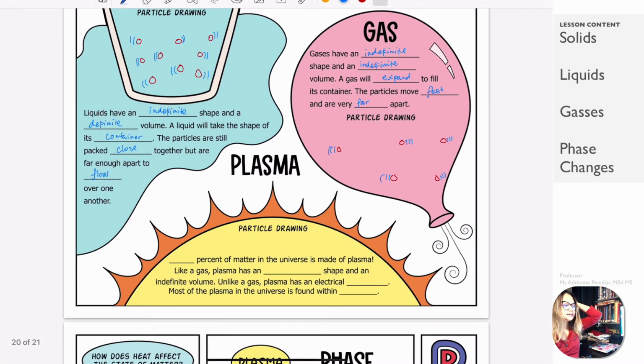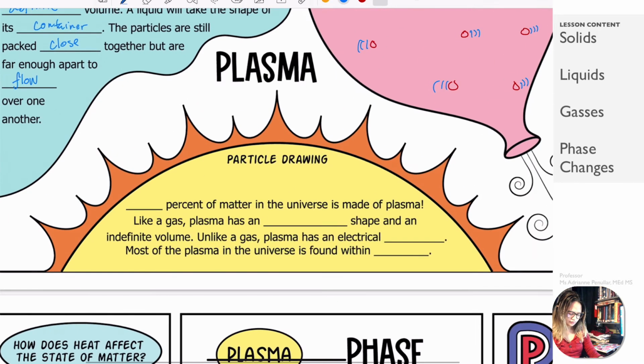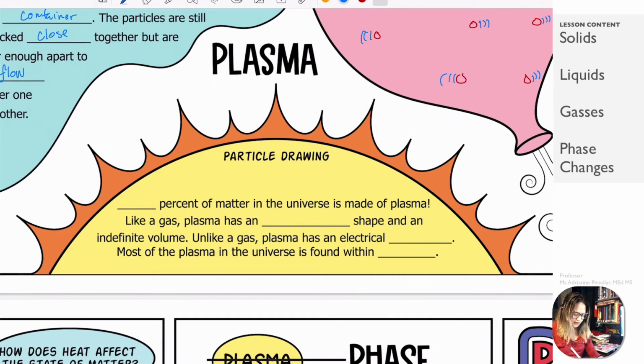Okay, and then the last one that we're going to be talking about, the last state of matter, is called plasma. And for this one, 99.9% of matter in the universe is made up of plasma. Okay, like a gas, plasma has an indefinite shape and an indefinite volume. Unlike a gas, though, plasma has electrical charge.